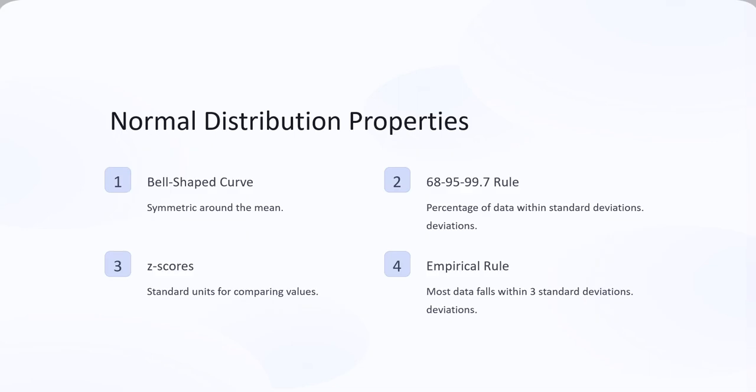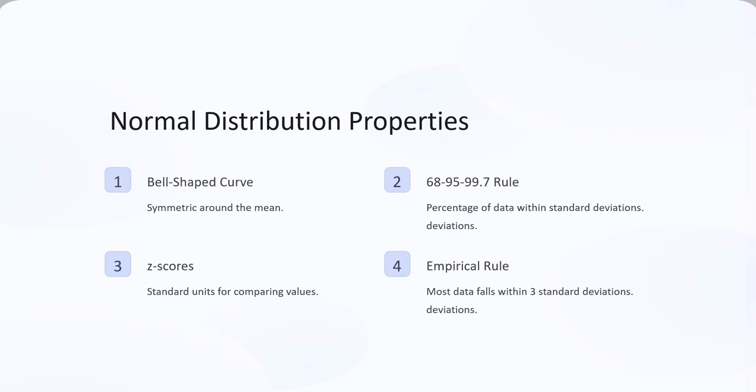So normal distribution properties, what are the normal distribution properties? You need to understand four things, that is the bell shape curve. If there is a symmetric data set, your curve should be the bell shape. Then it is called the 68, 95, 99.7 rule. So that's the different percentages of the standard deviation.